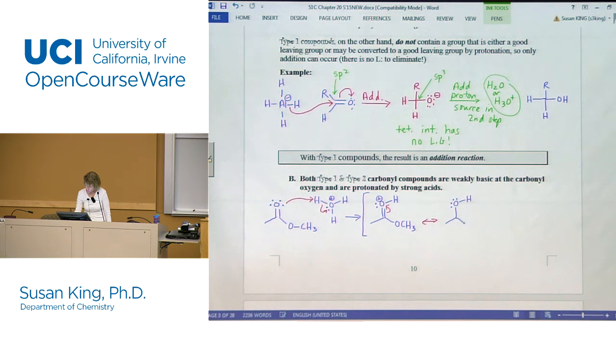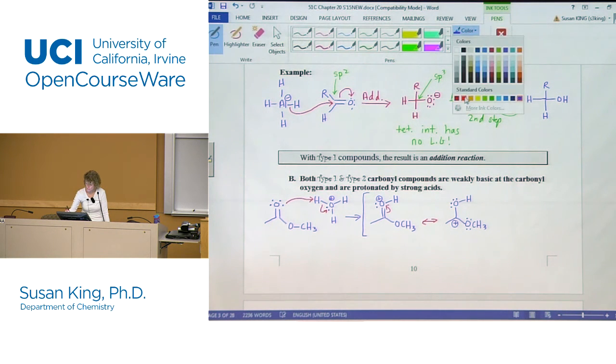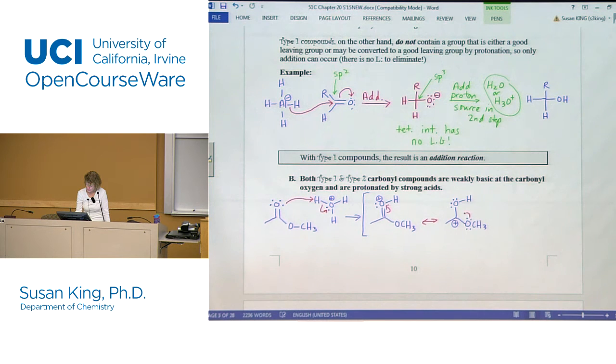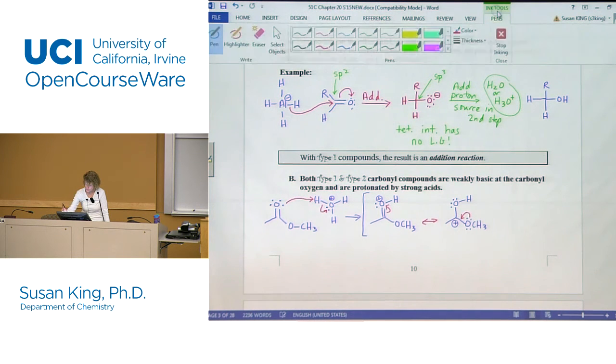That, of course, is not going to be a major resonance structure, because if we do that, we leave carbon without an octet, so we've got a carbocation there. But we also have another resonance structure where these electrons on oxygen here can come in and help stabilize the conjugate acid.